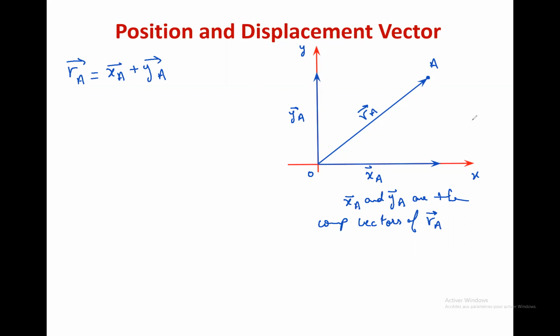If I have another point B in the space, the position vector of B is RB. Here we have the x-axis.